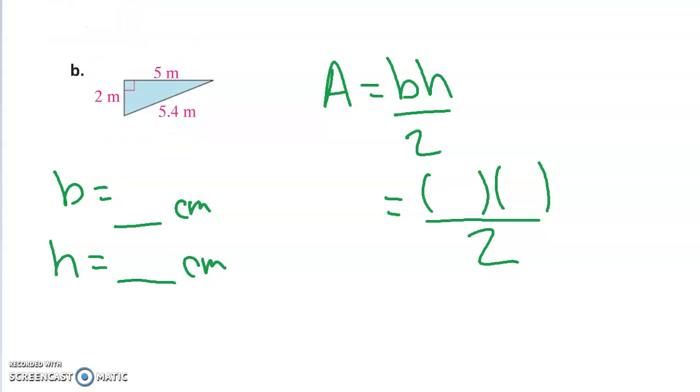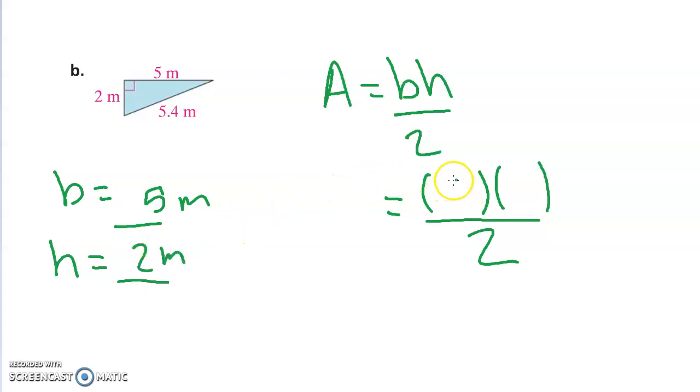Instead, what we're going to do is we're just going to go ahead and make a decision, and I'm going to say that this is the base and this is the height. So in this case, we no longer have centimeters, we have meters. All right. So here we have a base of 5 meters and a height of 2 meters.